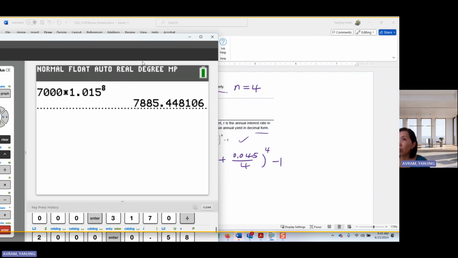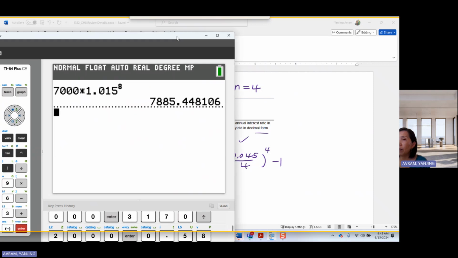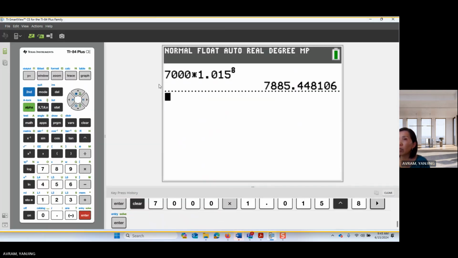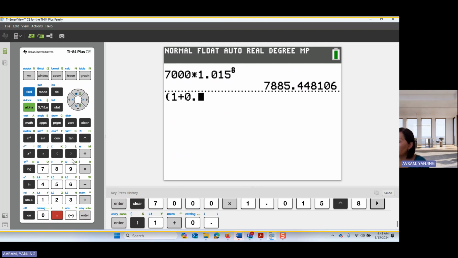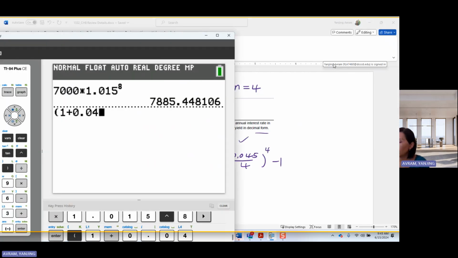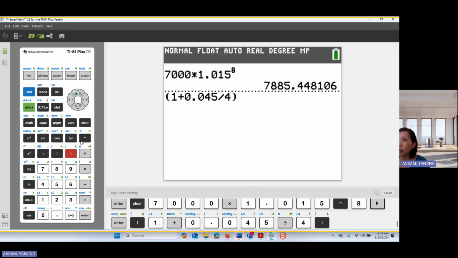All right, so just go ahead and plug it into the formula. Again, we have a parenthesis. So I'm going to put in 1 plus 0.045 divided by 4, and we need to use the parentheses raised to the power of 4.